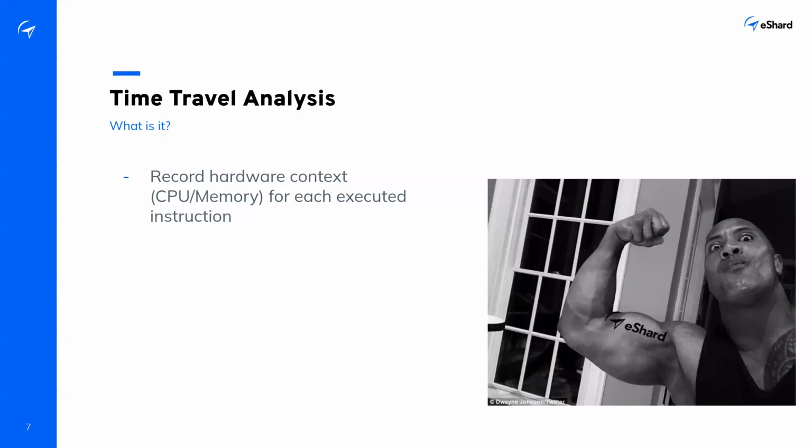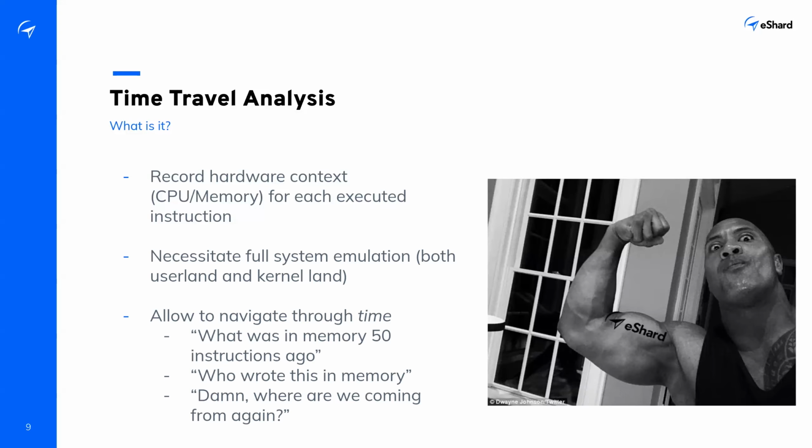So you record, at every single instruction executed, the CPU state, as well as any memory write or read that happens. That way you have visibility of the entire system. Traditionally, it requires a full system emulation for Windows, Linux, Android, etc. You have the luxury of having both userland and kernel land.